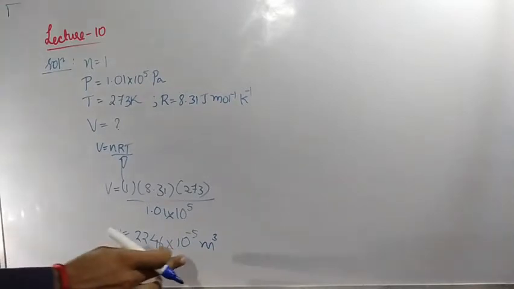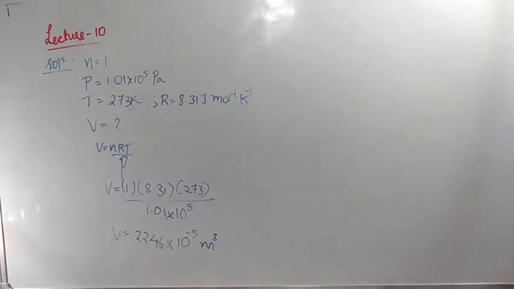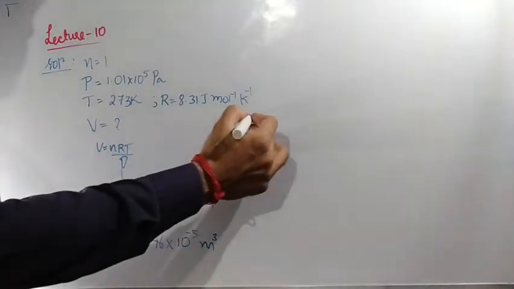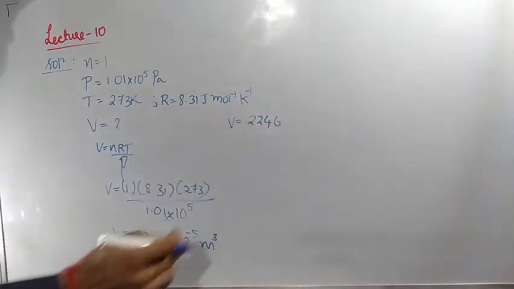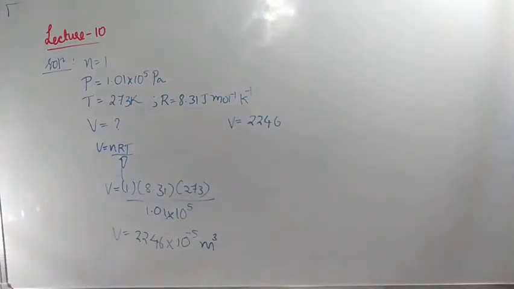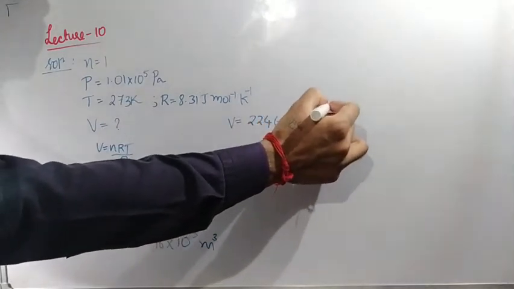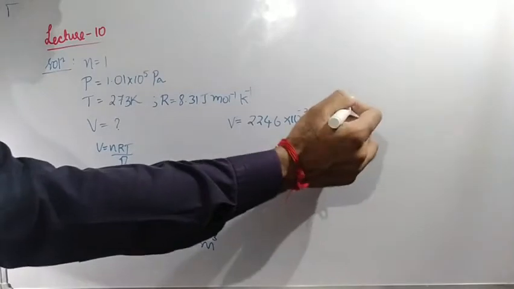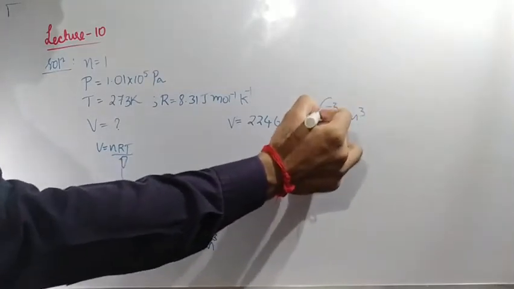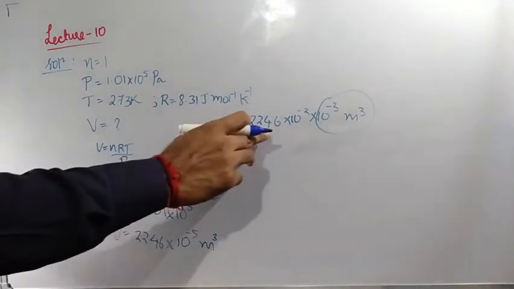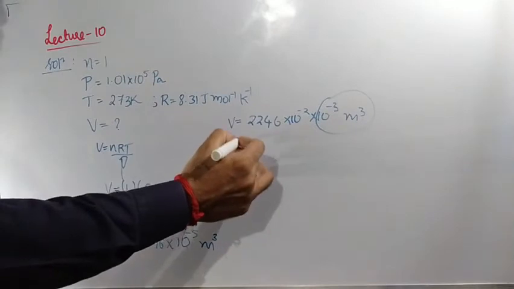Listen, 1 meter cube means 10 to the power of minus 3. So I write V as 2246 into 10 to the power of minus 2 into 10 to the power of minus 3 meter cube. We know that 10 to the power of minus 3 meter cube is 1 liter. So that's why it becomes 2246 into 10 to the power of minus 2.